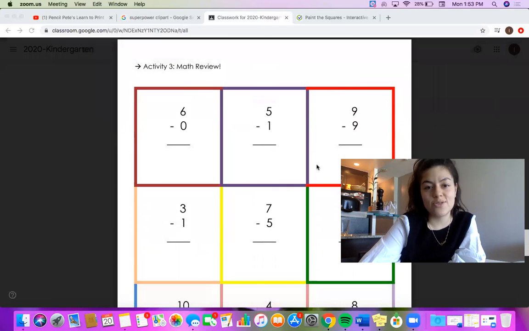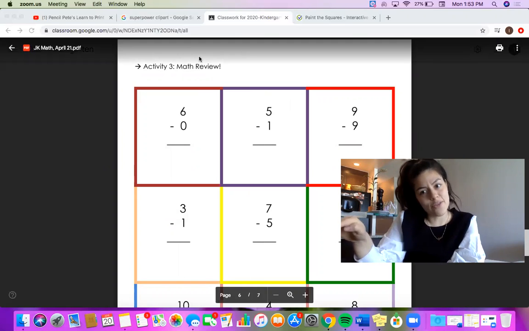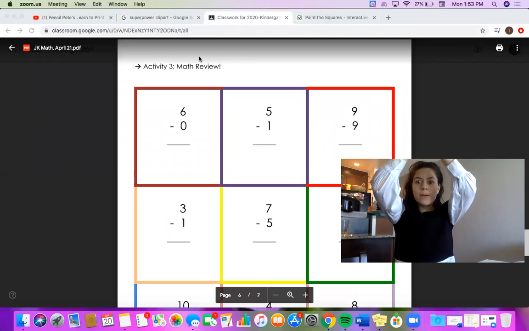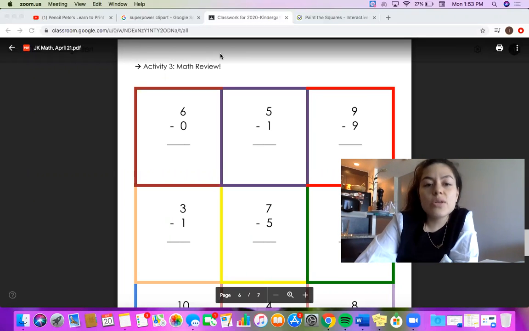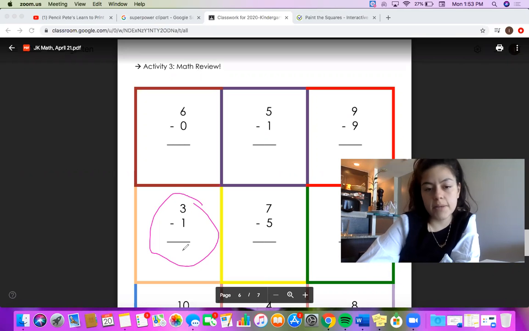So just like yesterday, even though these problems look a little bit funny, because instead of the numbers being from one side to the other, horizontal, the numbers are going up to down, you can solve them in the same way. So for example, let's do this one together. This is really just saying 3 minus 1 equals something.